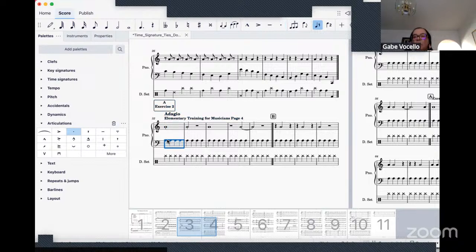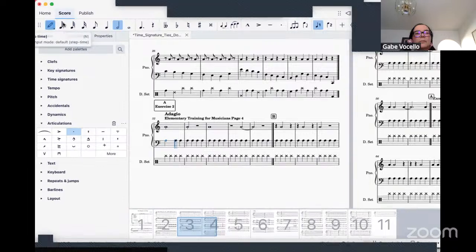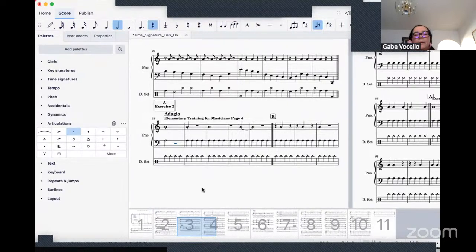That dot is going to diminish the sound of the note by half. Half of the whole note is the half note. That's the execution. So ta, rest, ta.